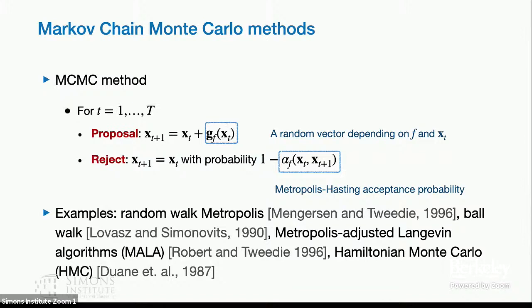Examples of MCMC methods that can be described under this framework include random walk Metropolis, ball walk, MALA, HMC, and many others. We've seen a great talk by Santosh yesterday, which discussed different kinds of sampling methods, and many of them can be unified under this generic description.